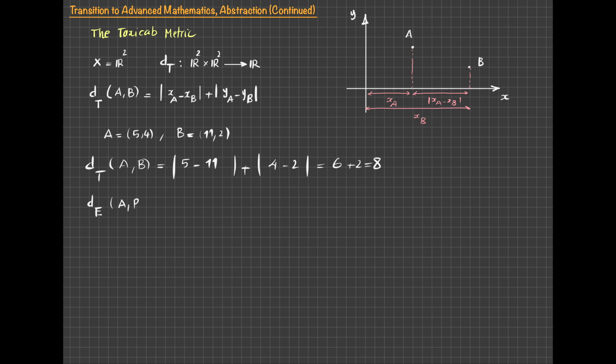If you remember, this is the square root of 5 minus 11 squared plus 4 minus 2 squared, which becomes the square root of 36 plus 4, which is the square root of 40, and I can write it as 2 square root of 10. You see that this number is smaller than that number, so they don't coincide. So these are really different distances.